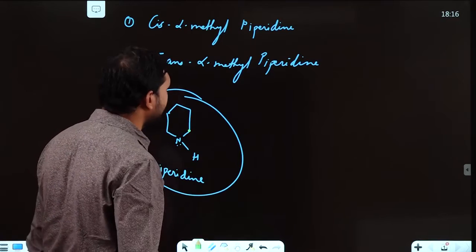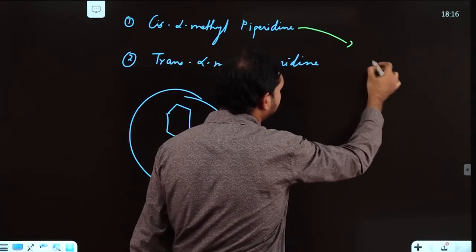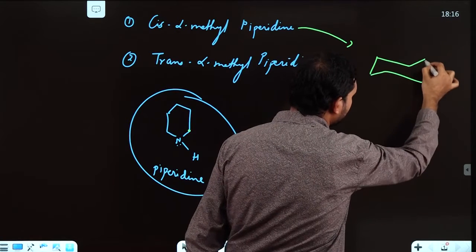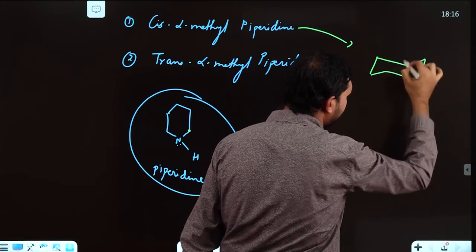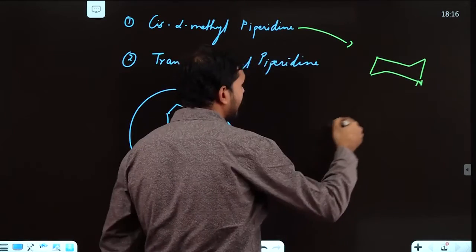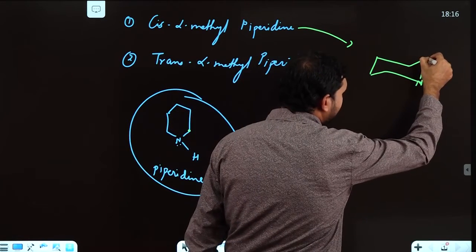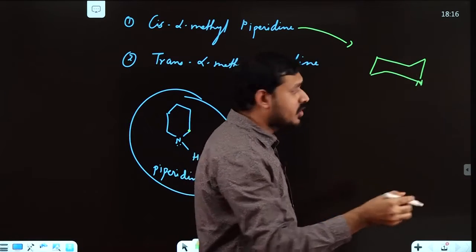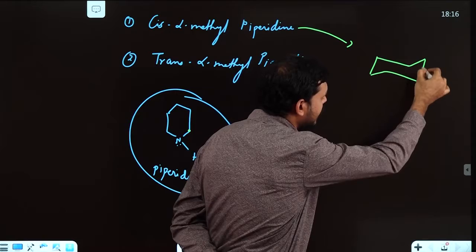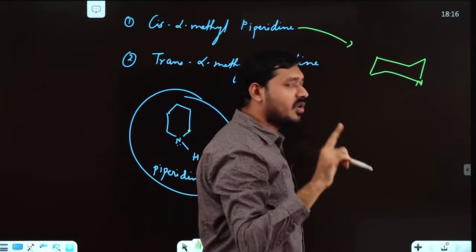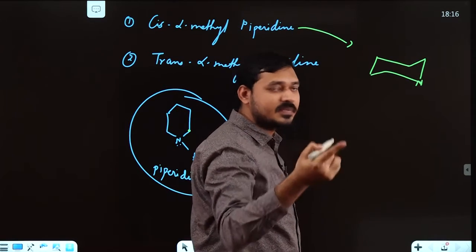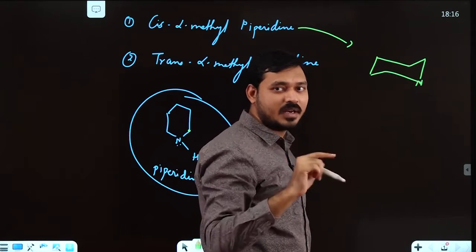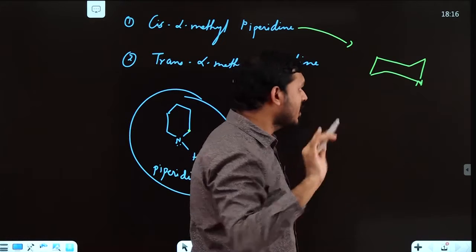So let's draw one by one. If I have to draw the cis form, this is your nitrogen. Now this carbon has hydrogen and methyl, and this nitrogen also has hydrogen and lone pair. If I am telling cis form, it simply means both hydrogens must occupy the same side, either upside or downside. Now let's see.